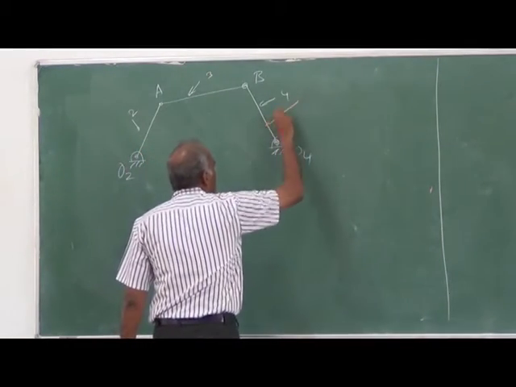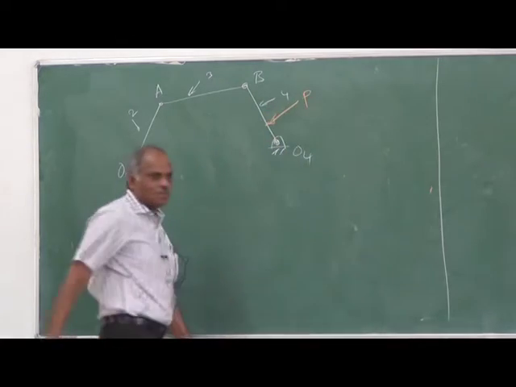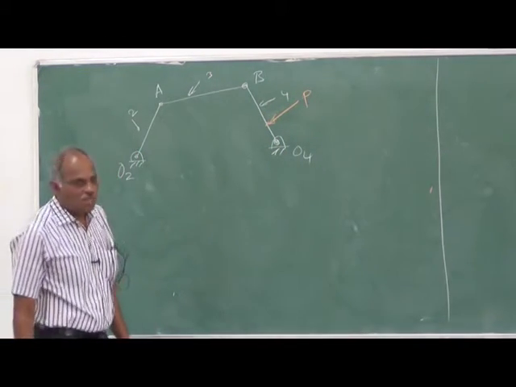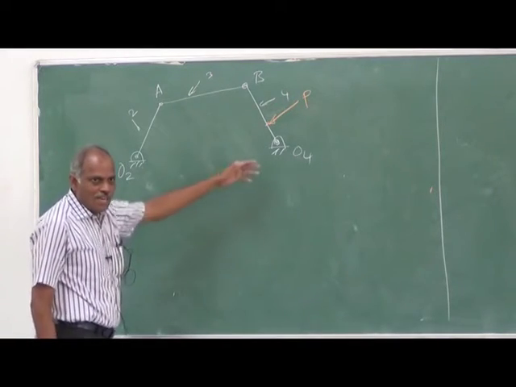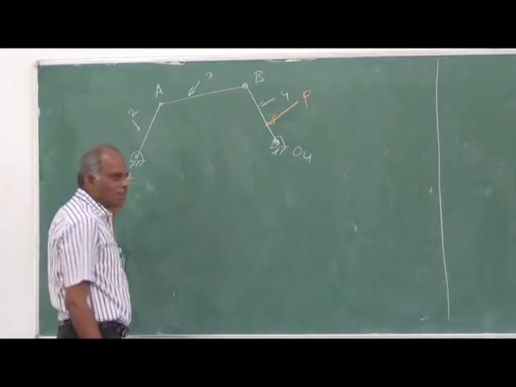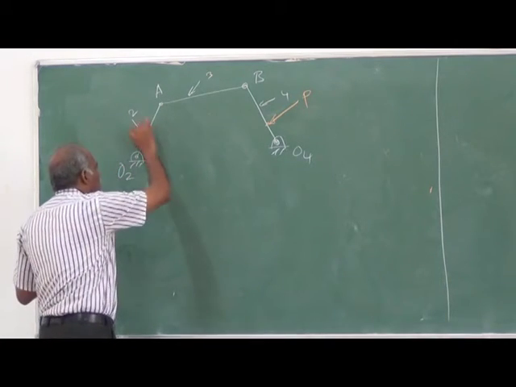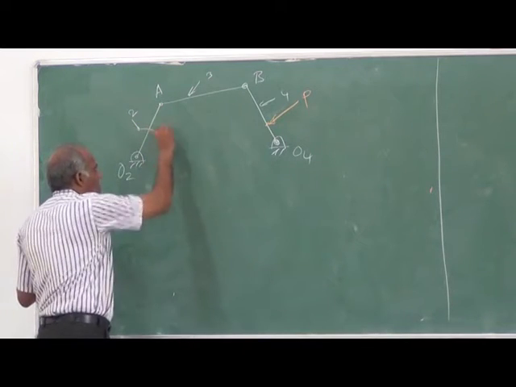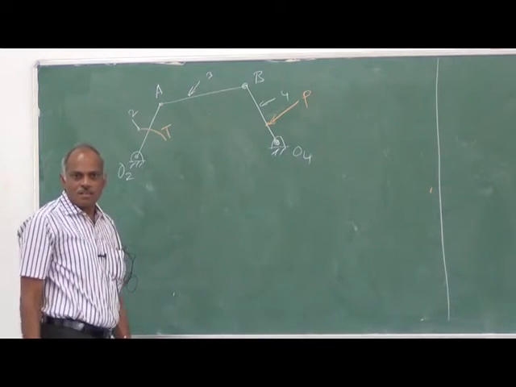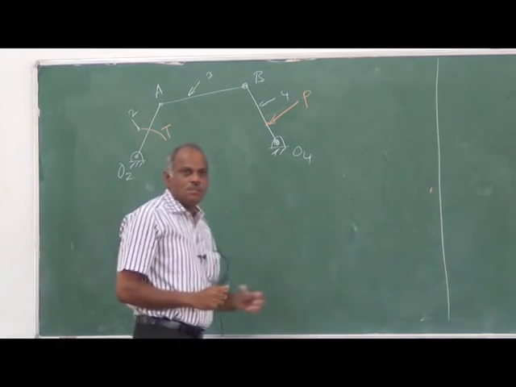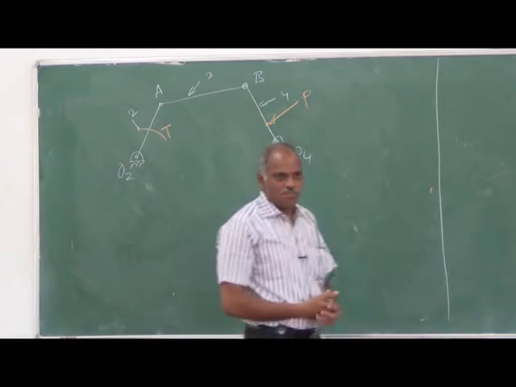There is a force P applied here. Now the question is, find out the reactions or forces in each linkage, then find out the external torque T, that is the holding torque required to keep it in static equilibrium.